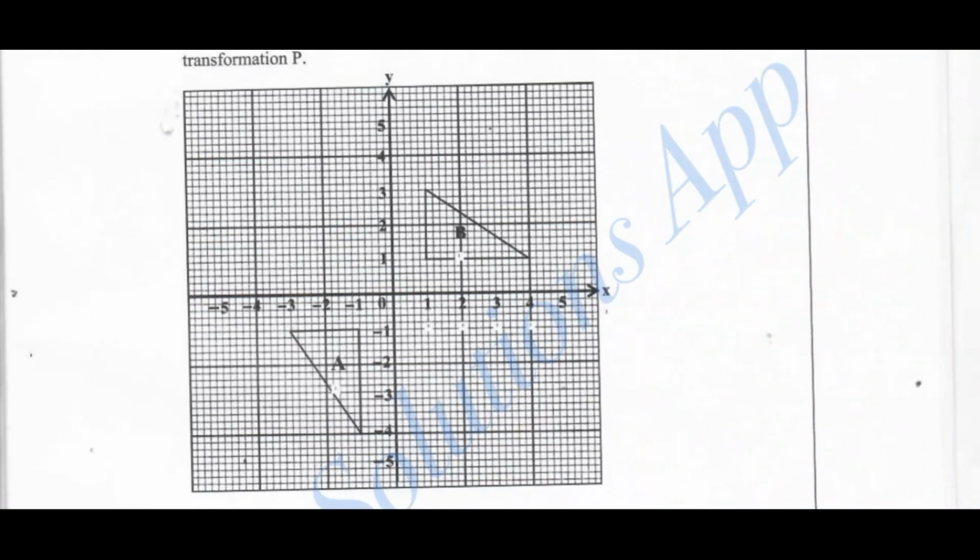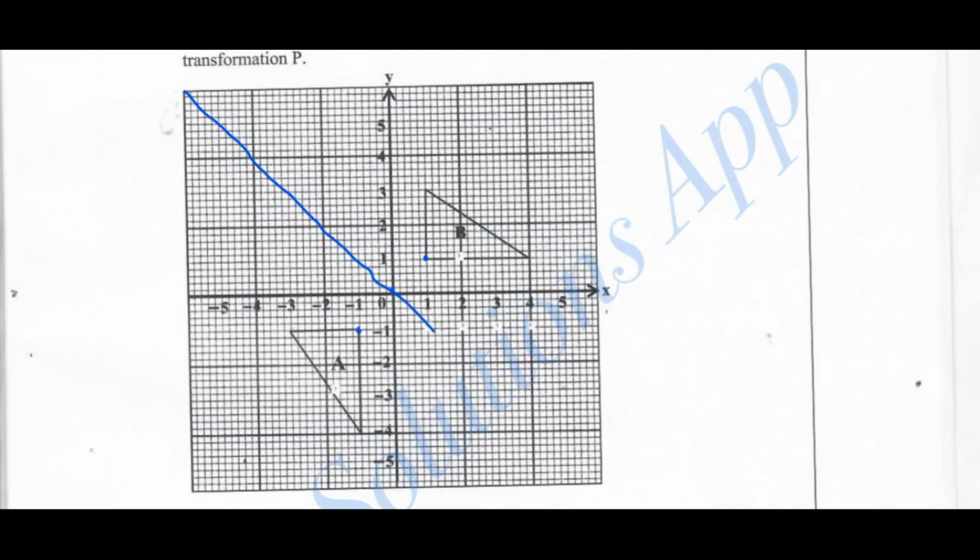Describe fully the transformation P. So what do you think this transformation is? We know B is the image, but if you look at this point and this point, they are facing each other. So this is what we call reflection. If we identify that this is reflection, we need to draw a mirror line. So this is our mirror line.